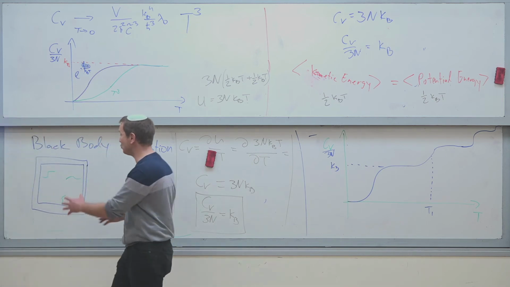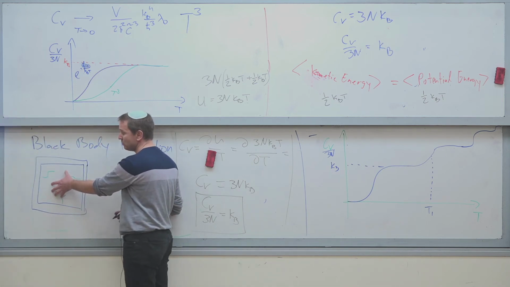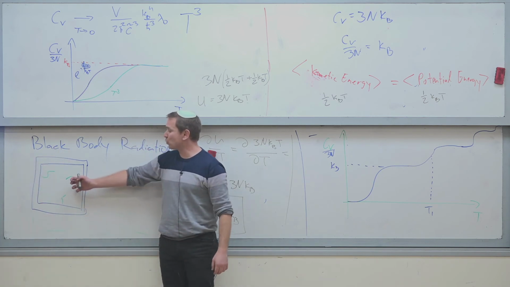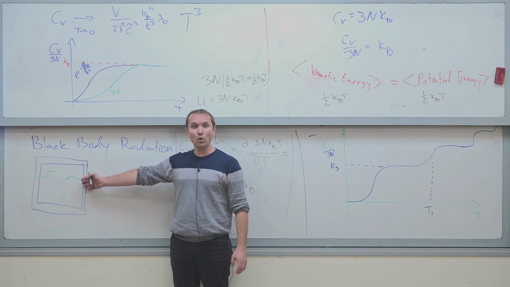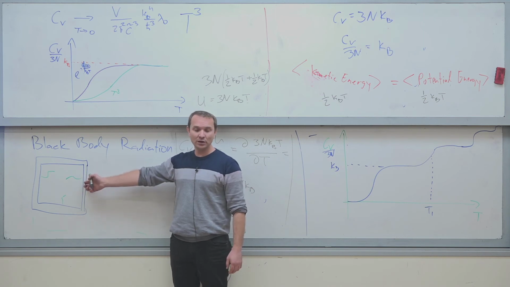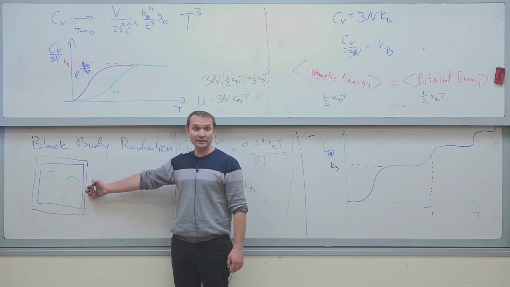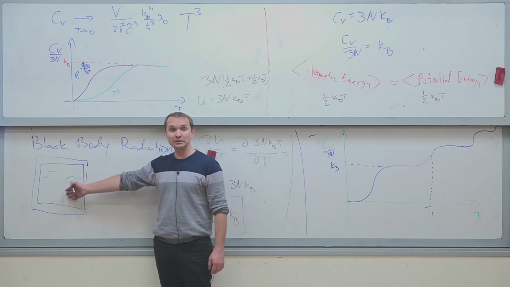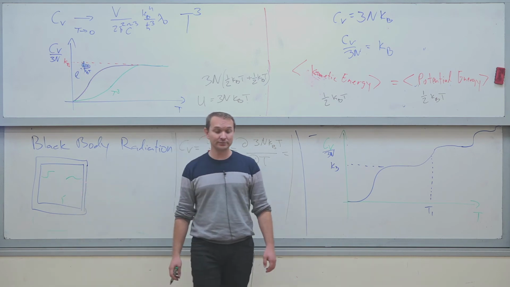So we have a vacuum inside, and we have a boundary. This boundary absorbs the light. All the light that hits the boundary is always absorbed, and then after a while some radiation is emitted from the boundary itself.